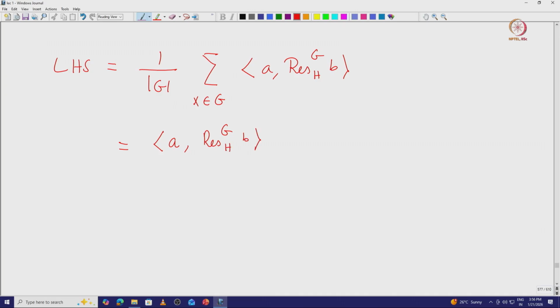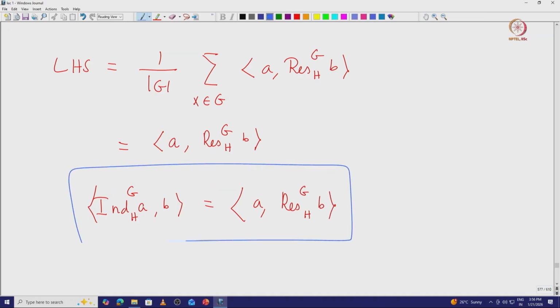So, this is what we wanted to prove. We wanted to prove that the inner product of the induction of a with b is the same as the inner product of a with the restriction from G to H of b. Okay, so this proves it.